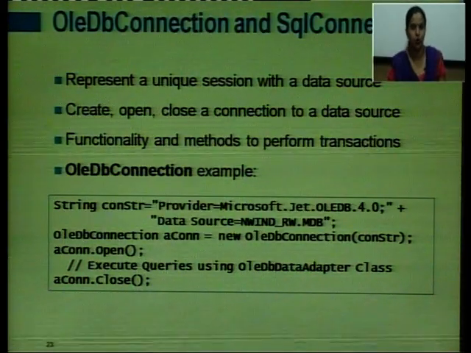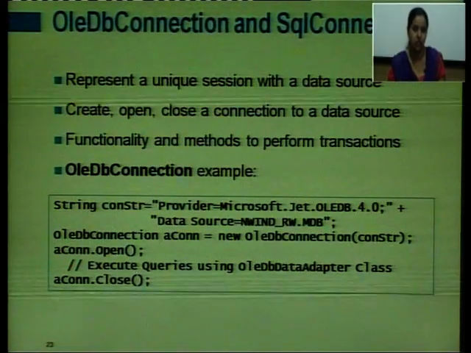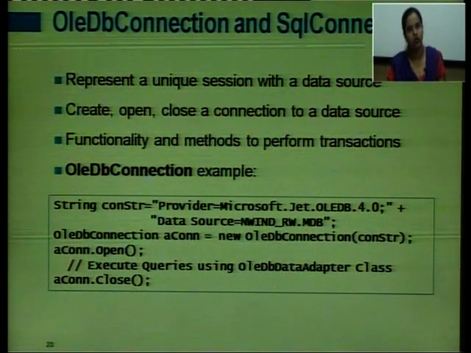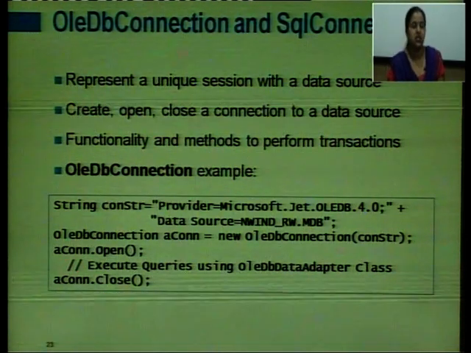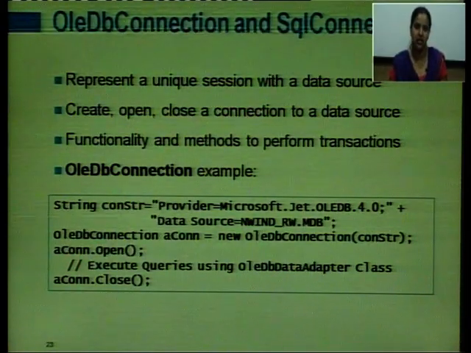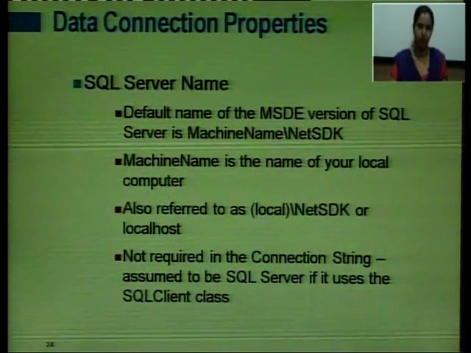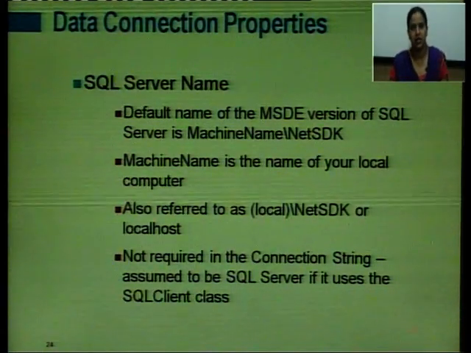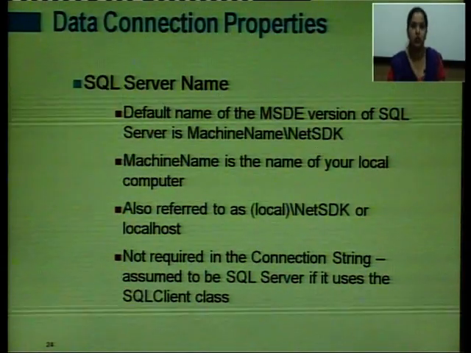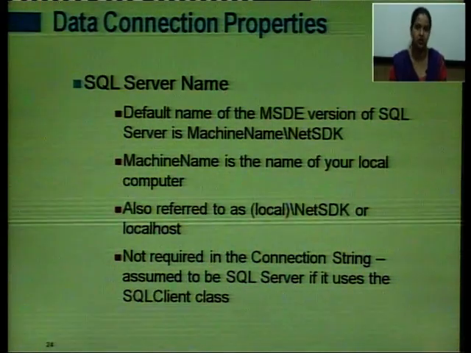Then there is the OleDbConnection. This is for maintaining the connection: connection is equal to new OleDbConnection(connectionString), and then Open, which executes the query using the OleDbDataAdapter. It initializes the data. Then come the data connection properties, meaning the properties you have to set for maintaining the connection. The first is the SQL Server name.